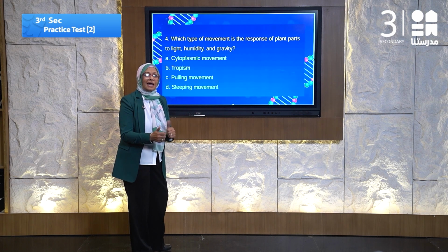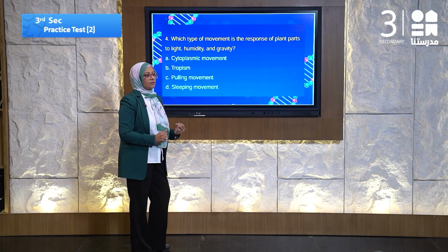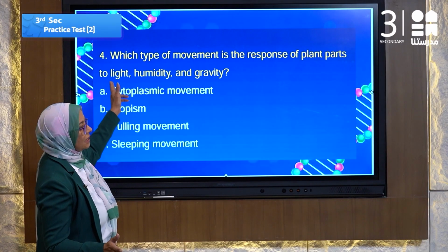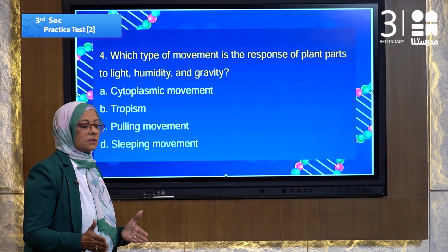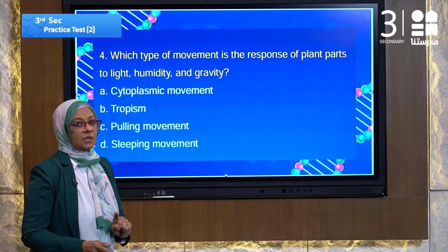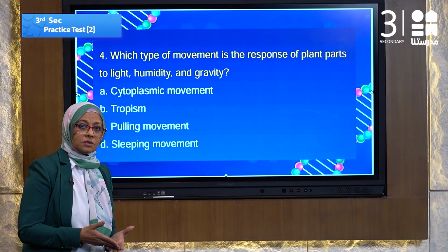Positive tropism and negative tropism, there are two types. The parts of the plant which go to the light are the green parts to make the photosynthesis process. But humidity, it is not the green parts. There are the parts inside the soil to find water.